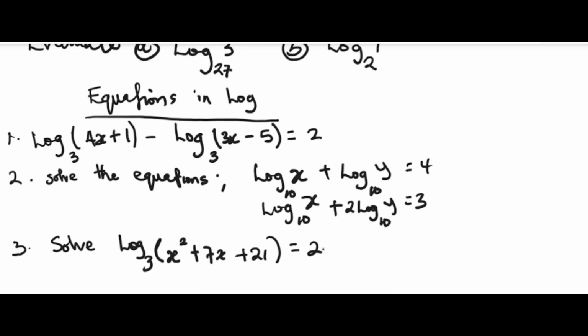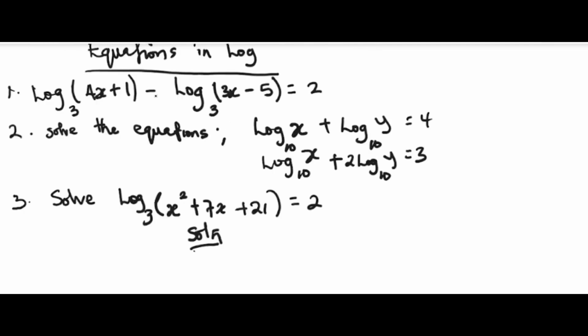Okay, so we're going to be solving these three equations in log. So the first one, look at the question there. What do you think we can do? Now, to be able to solve this equation, you need to understand the laws of logarithm. All right. So in the place of this subtraction, we will divide.